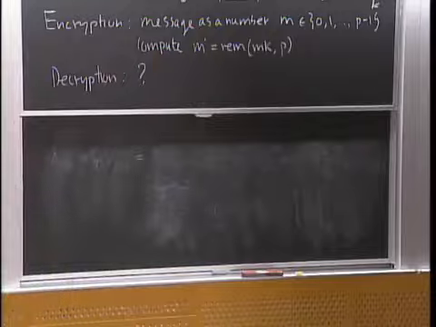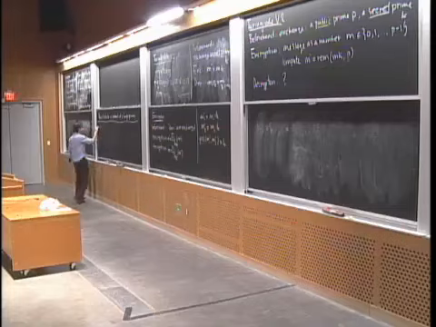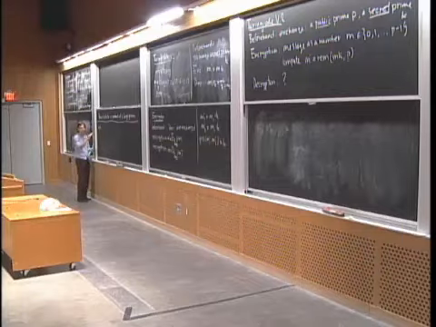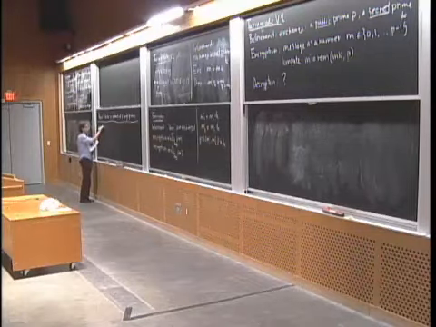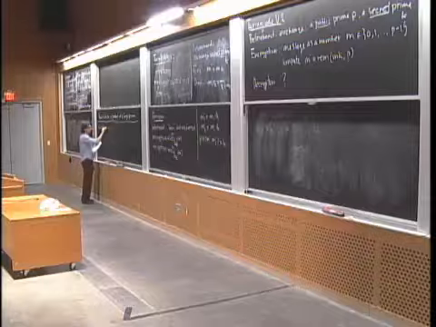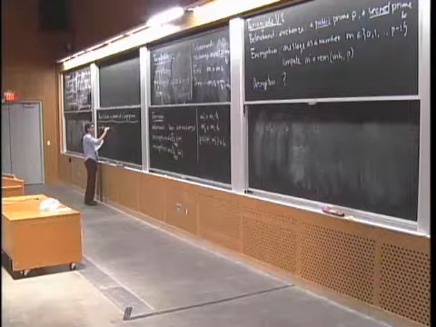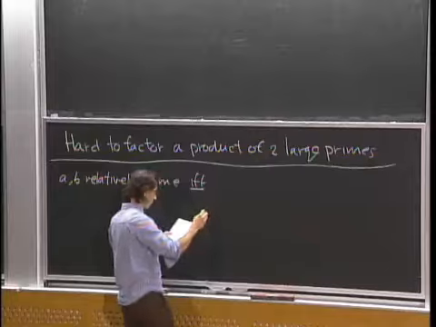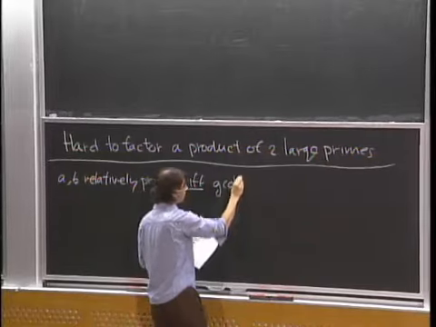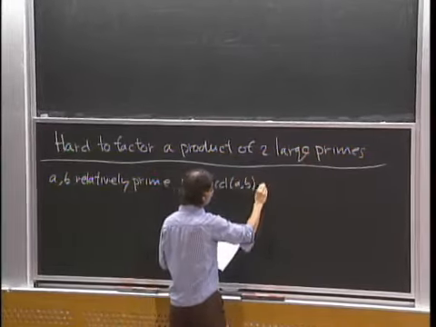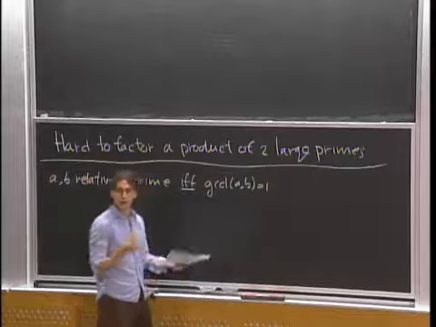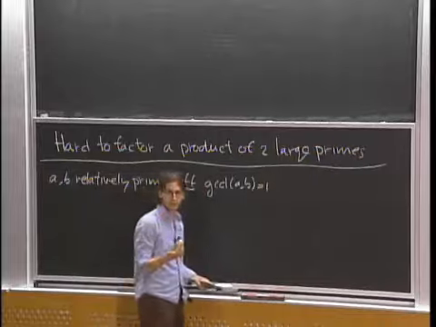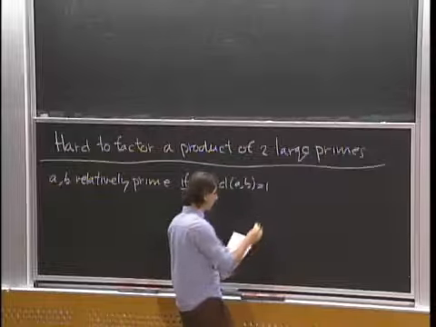So first of all, last time we defined A and B to be relatively prime. So let me repeat that. A and B are relatively prime if and only if, that's how we defined it, the GCD of A and B is equal to 1. And in last lecture and in the recitation, you got a different proof, I think.